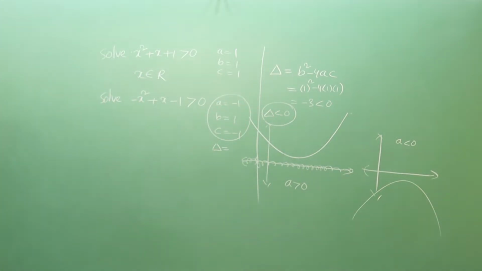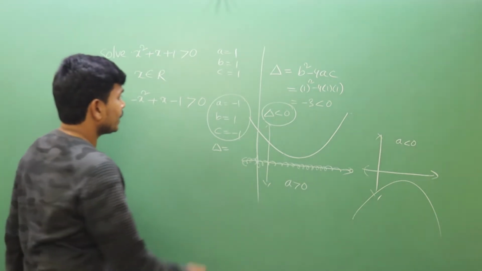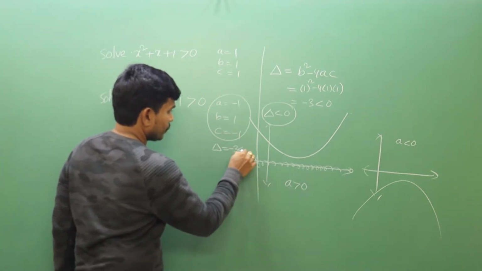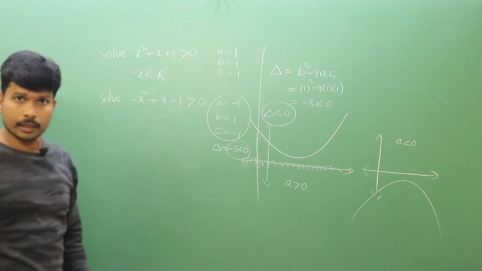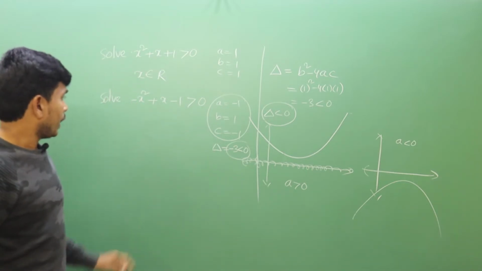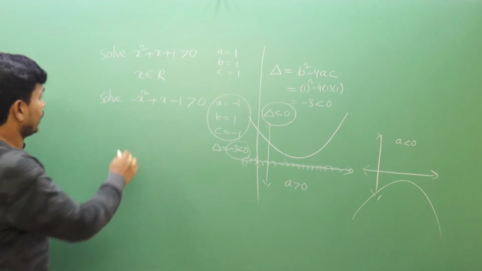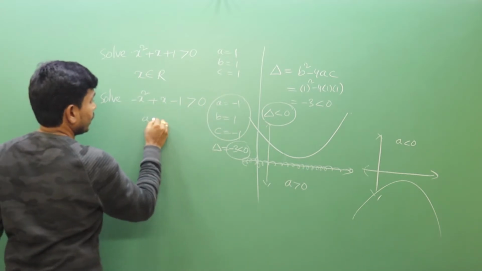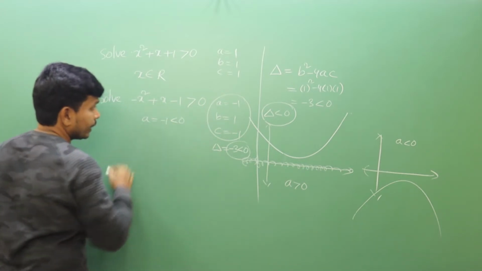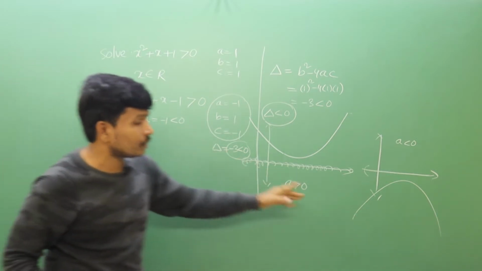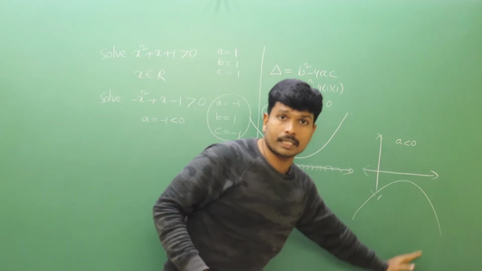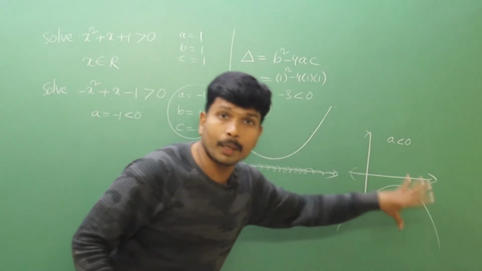So what did you get? Again here you got minus 3, which is less than 0. For this problem also the discriminant is less than 0. And the x square coefficient a equals minus 1, that is negative. Discriminant less than 0 and a negative, then your graph is like this, entirely below the x-axis.